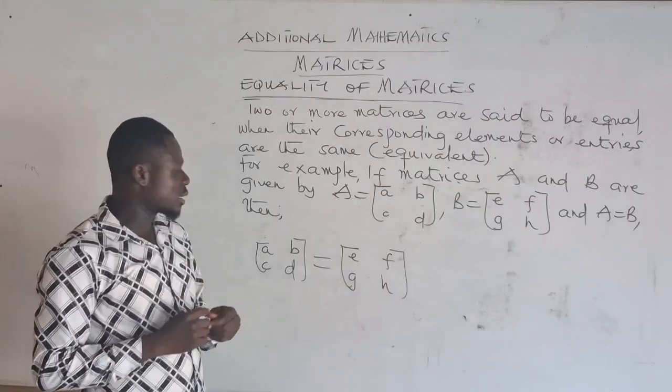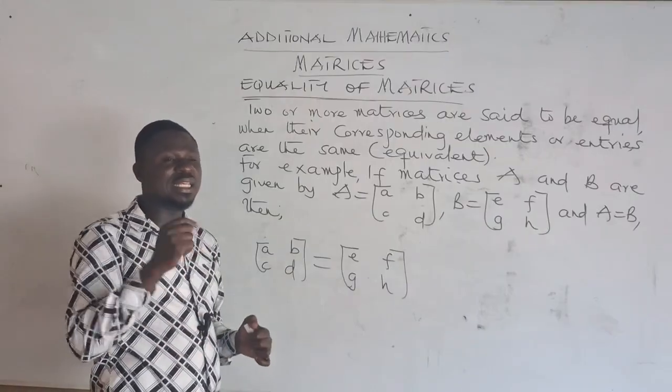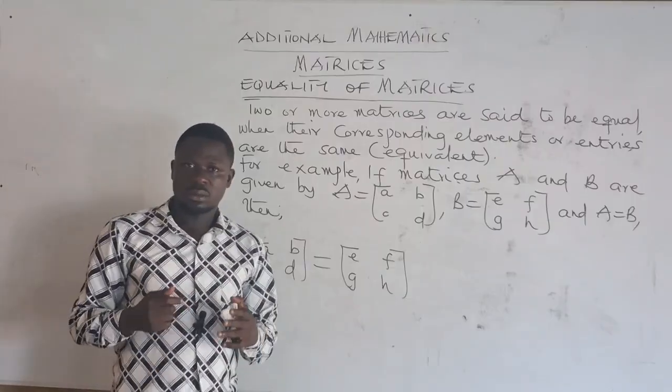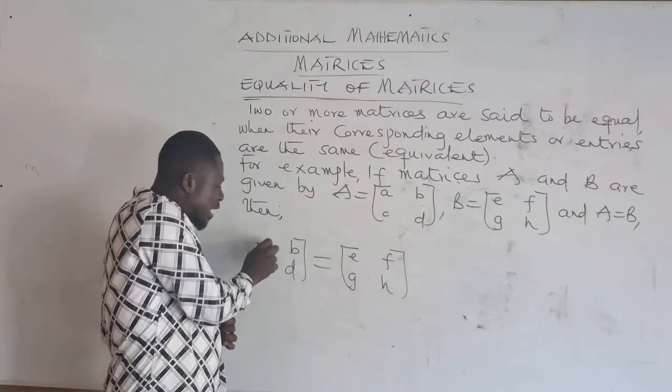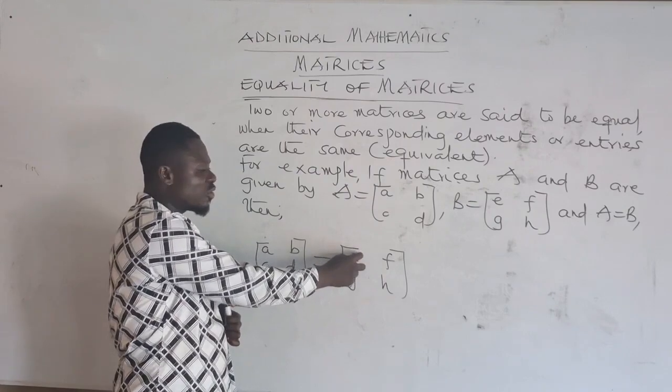In this case, the equal sign here is telling us that the corresponding entries are equal. What are the corresponding entries or elements? The element in the first row, first column should be equal to the element in the first row, first column.